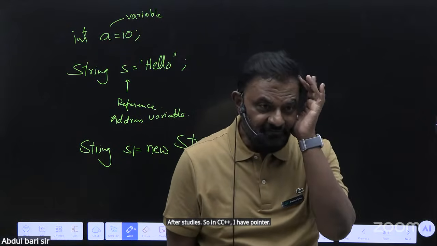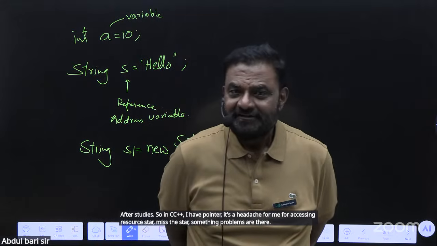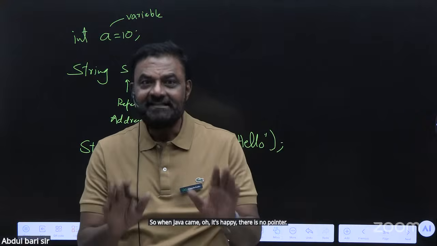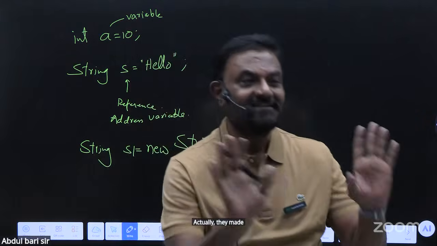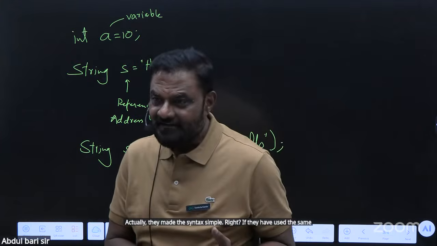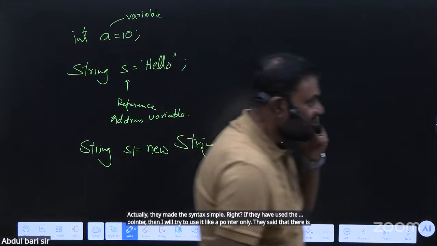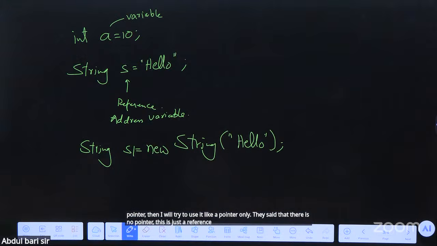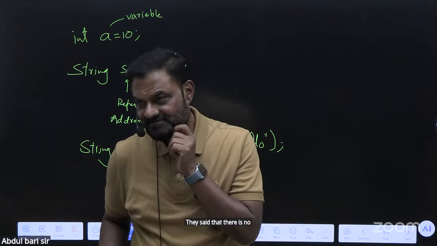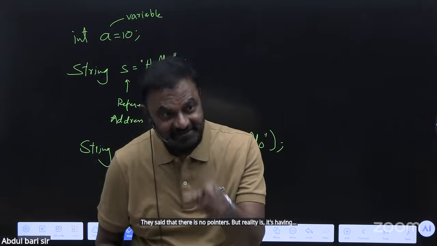It's a headache for me for accessing resources: star, miss the star, some problems are there. So when Java came, oh, it's happy. There is no pointer. Actually, they made the syntax simple. If they had used the same name pointer, then I would try to use it like a pointer only. They said there is no pointer, this is just a reference. Just 2 minutes. They said there are no pointers, but the reality is it's having a pointer, an address variable.